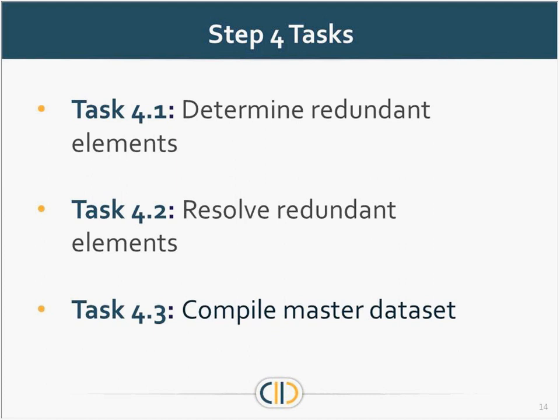So, you determine redundant elements, resolve them, and then compile the master data set. Obviously, anytime you resolve anything, you've got multiple people involved with multiple perspectives. It's going to take time and a little effort.